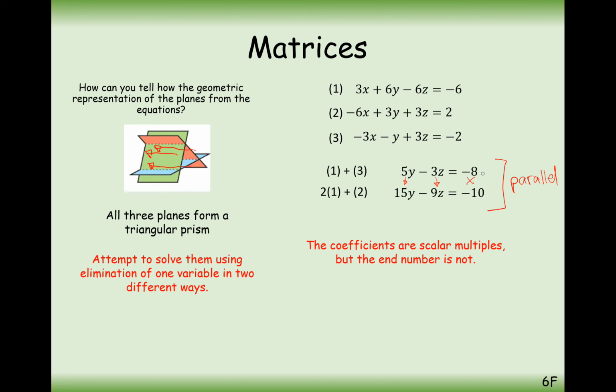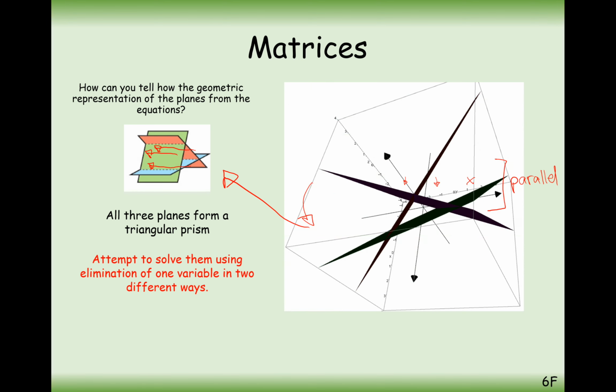So we can see here that because our two equations came out as parallel and not identical, that means we don't get infinitely many solutions along a line, we get no solutions along a line that effectively gives us then a triangular prism. Okay, so these three planes here form a prism, and this is what it would look like if you plot it on a diagram.